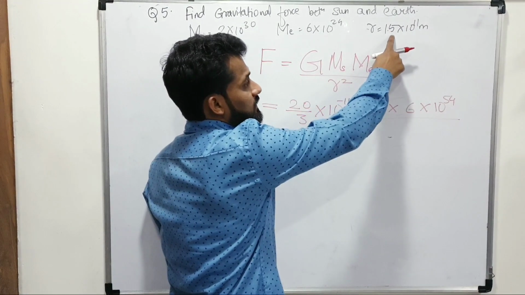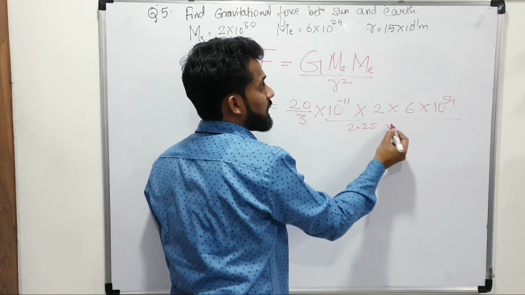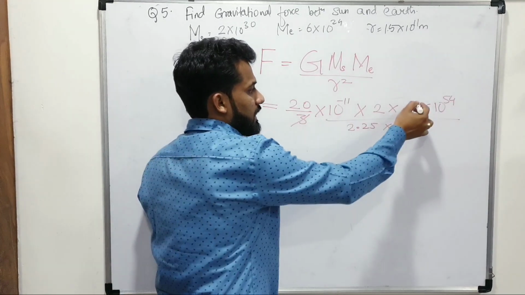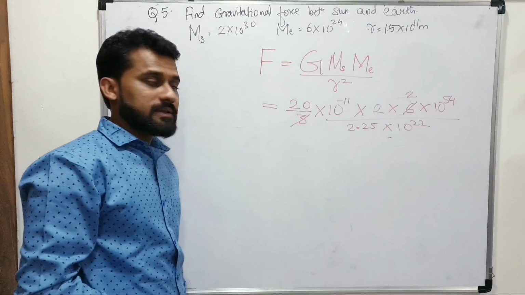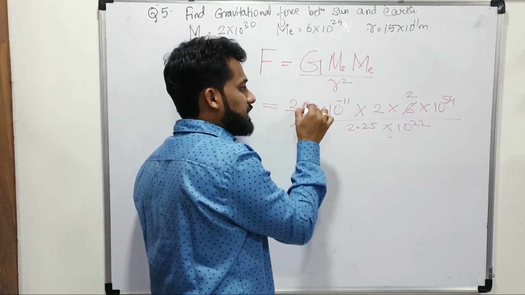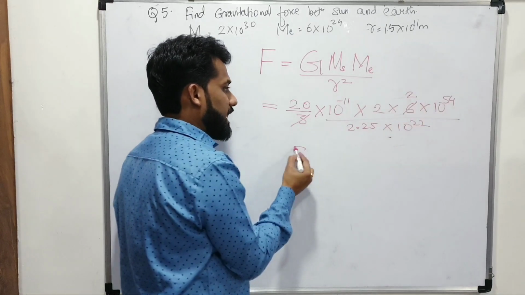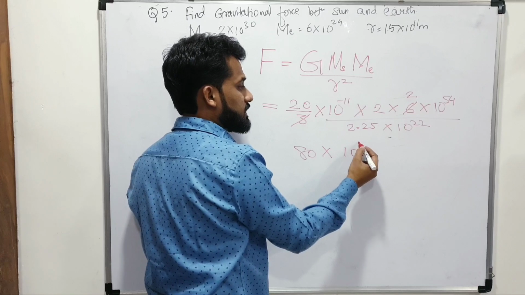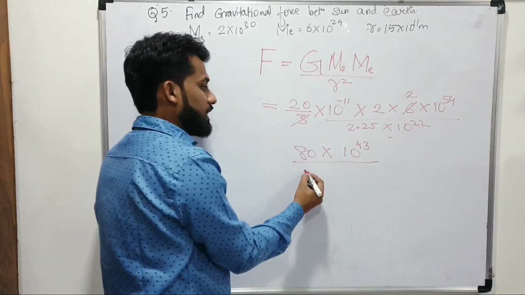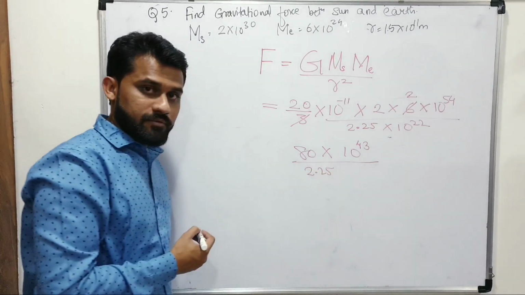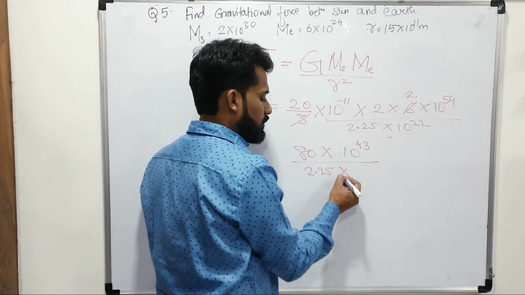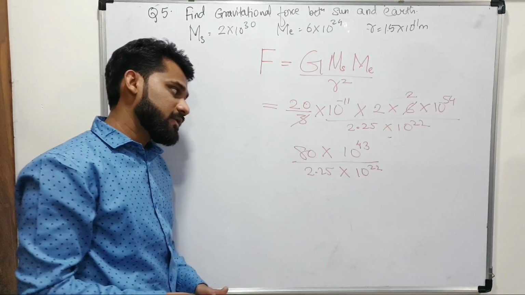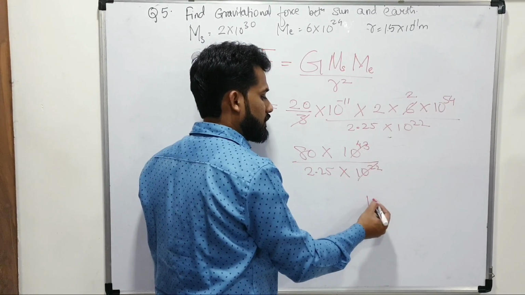Now the square of this will become 2.25 times 10 to the power 22, right? So 3 and this will cancel, so it will become 2 and now 20 into 2 into 2 is 80 into 10 raised to 54 minus 11 is 43, divided by 2.25 into 10 raised to 22, and 10 raised to 43 upon 10 raised to 22 is 10 raised to 21.